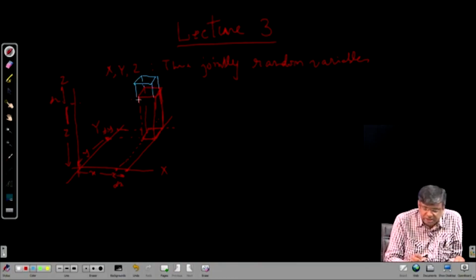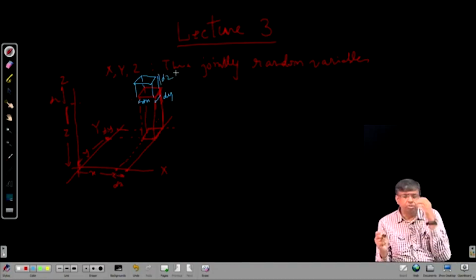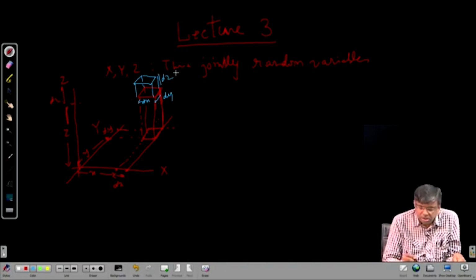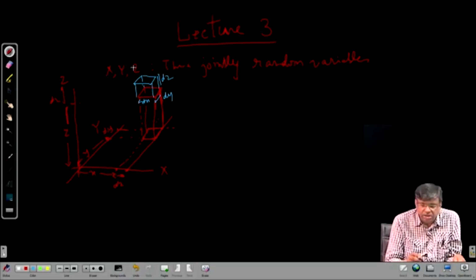So, this much is dx, this much is dy, this much is dz. So, we know probability of this pair x, y, z falling within this cube will be proportional to the volume of this, if of course, and if the widths dx, dy, dz are very small, then that proportionality can be taken to be linear.